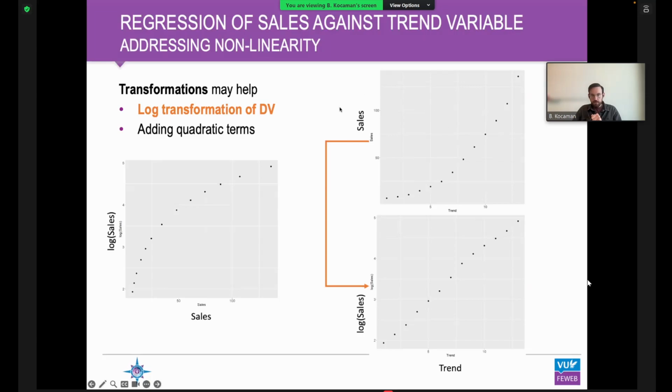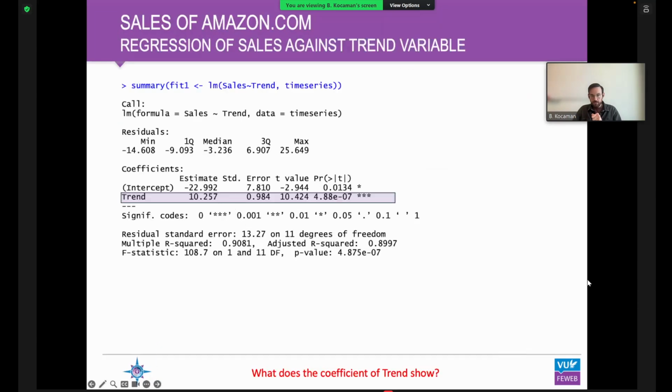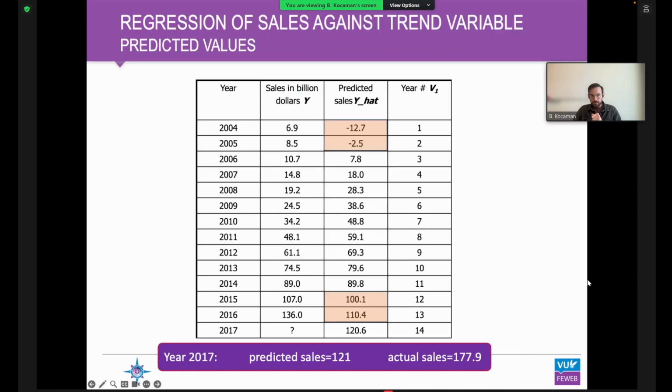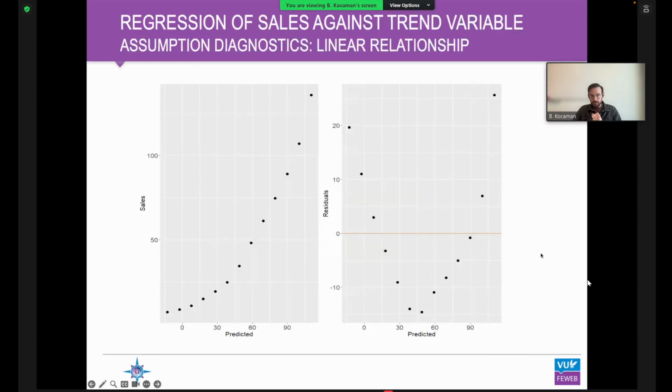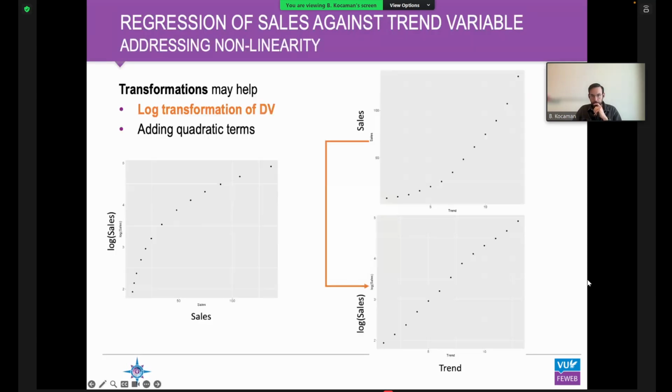Does that make sense? Because when the sales versus trends relationship was nonlinear, and we fit a model on this, we saw that this model violated the linearity assumption.